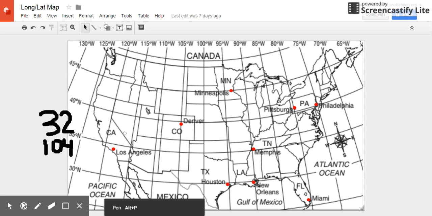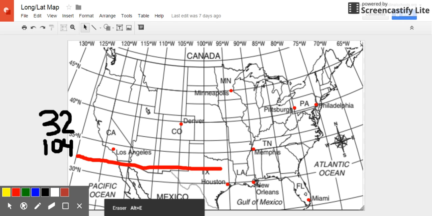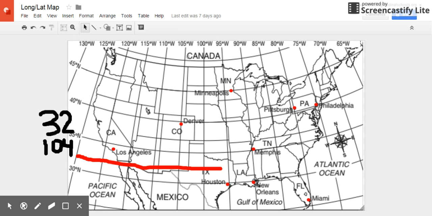All right, so first of all, let's start with 32 degrees north. Here's 30, here's 35. I go a little bit in between, and I trace my line across to a certain point. Then I look for where 104 meets 32. So here's 100, here's 105. 104 should be right next to 105.